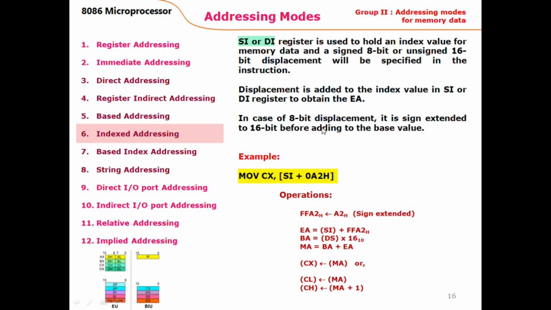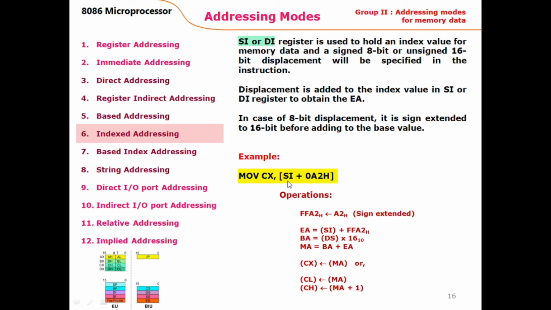In case of 8-bit displacement, just like base addressing, it is sign extended to 16-bit before adding to the base value. Here is an example: MOV CX, [SI plus 0A2H]. This displacement is sign extended to a 16-bit value and added to the 16-bit index in the index register.